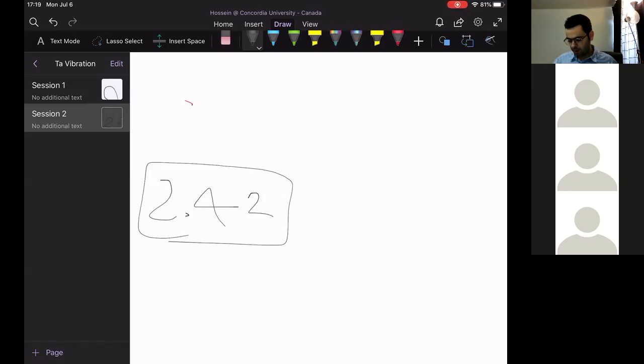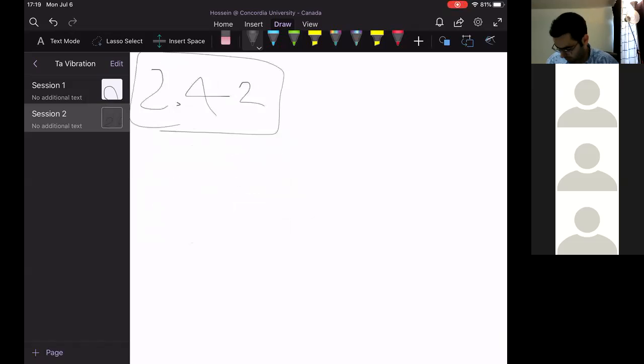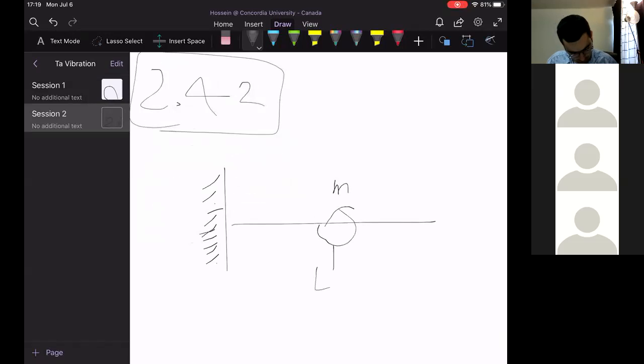So let me just draw the system. There is a torsional system. The system includes a mass M, which is attached to a damper C, and at the end there is a spring stiffness attached to the ground, right?